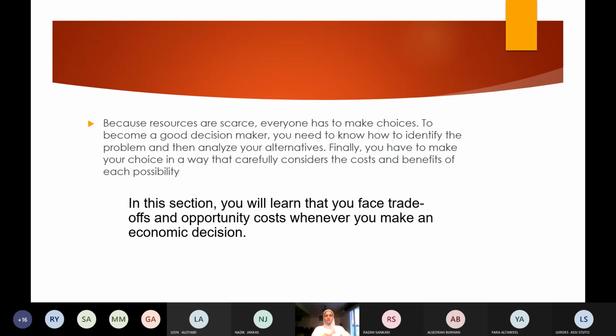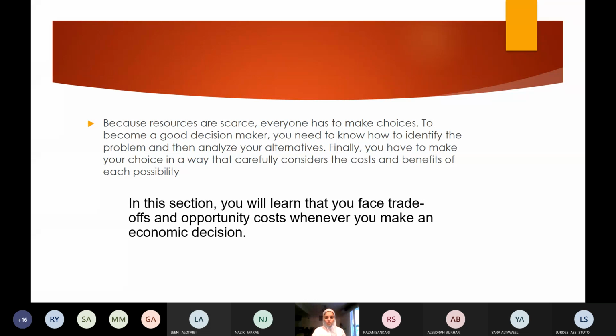I am a decision maker. So not only economists take decisions. No, even you, even I, everyone alive makes decisions. I am a decision maker. You are a decision maker. She is a decision maker. Everyone is a decision maker.